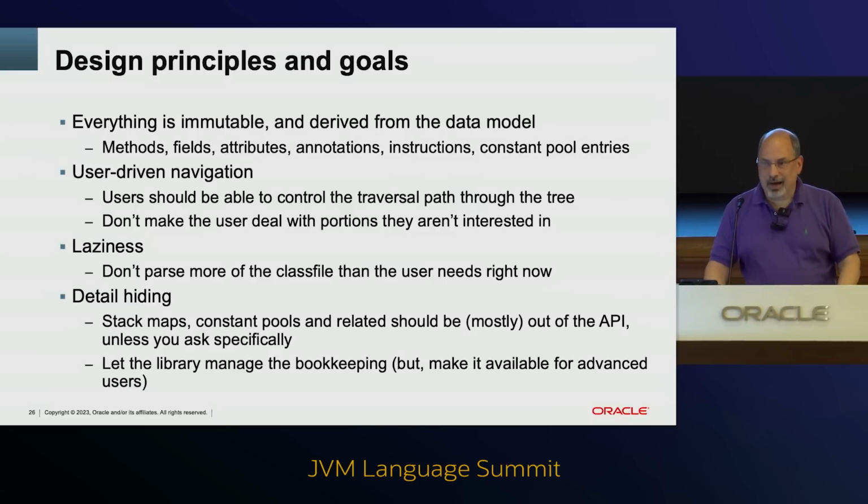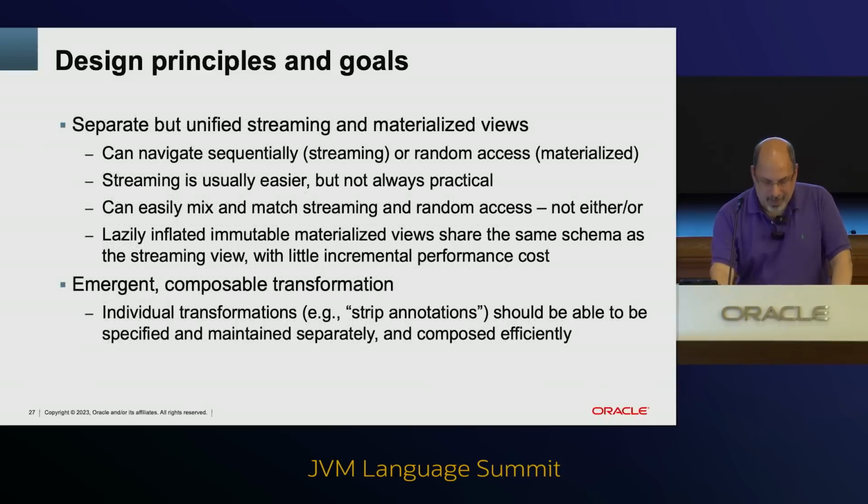And so we do the absolute minimum of parsing to capture the structure of the class file, and everything else is populated lazily. As you might expect, for parts of the class file that are really derived from other parts of the class file, like stack maps and the constant pool and all of that, most of the time that's all out of your face. You can look at it if you want, but you have to ask specifically, otherwise all the bookkeeping gets managed by the library.